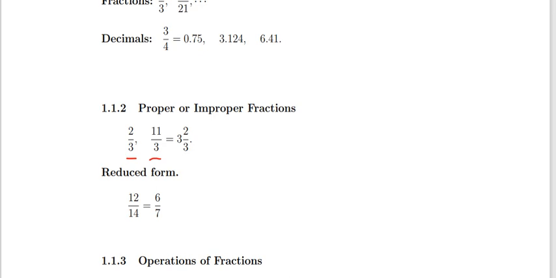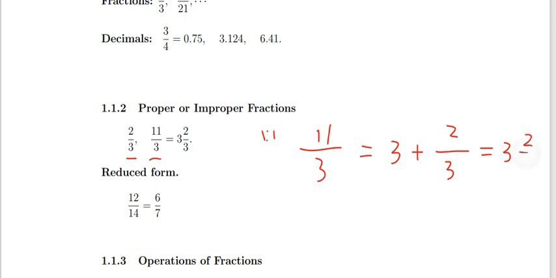So for this 11 over 3, we can separate it into two parts: 11 over 3 equals 3 plus 2 over 3. And we can put them together sometimes, 3 and 2 over 3, right?